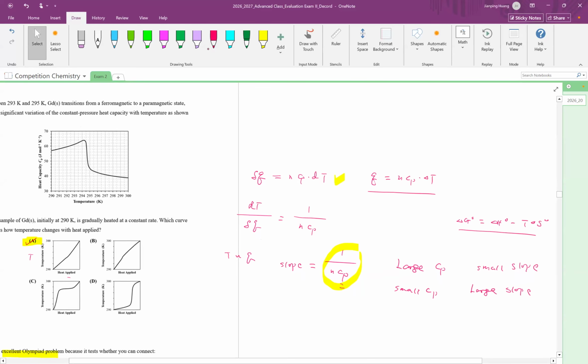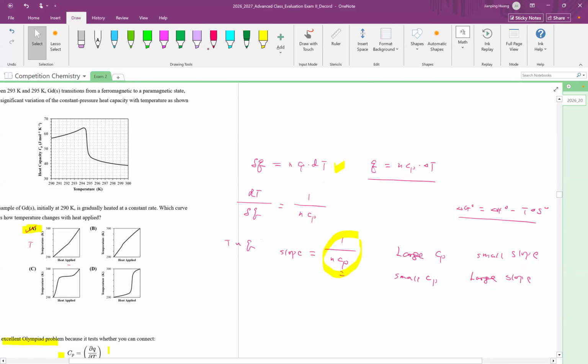I'm going to emphasize one more time. The temperature with the heat applied slope, delta T over Q, is proportional to 1 over Cp.